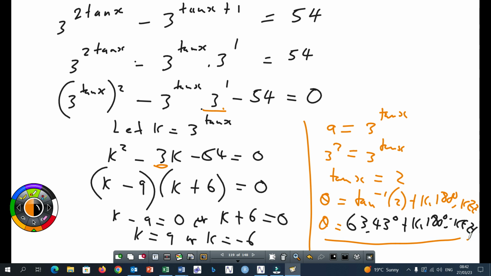Then minus 6. So we are going to have minus 6 equal to 3 to the power of tan x. I'm sure you can see that this is a negative. If you try to take logs of this, you get an undefined answer.